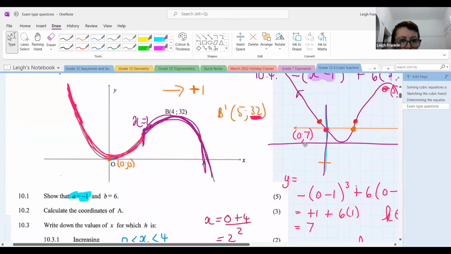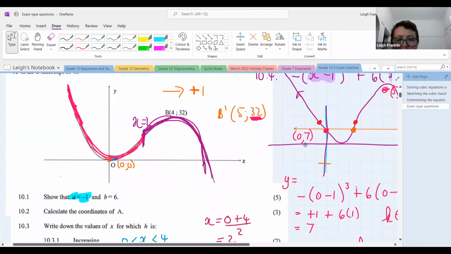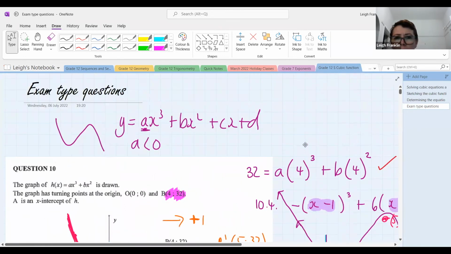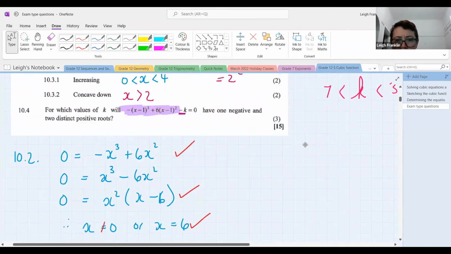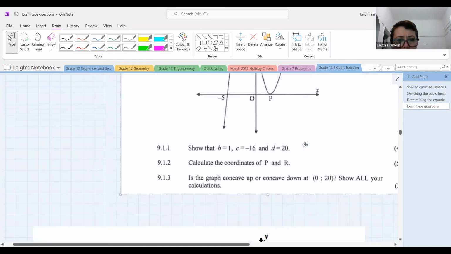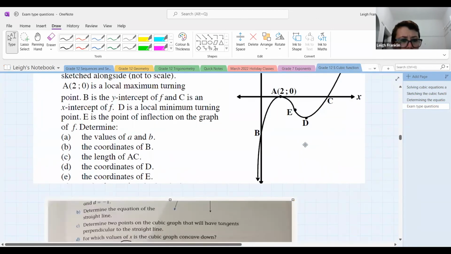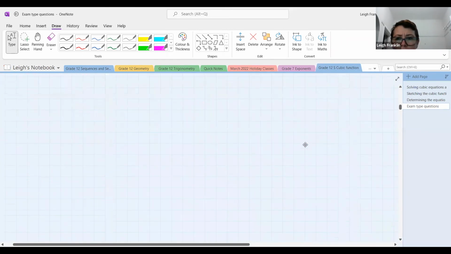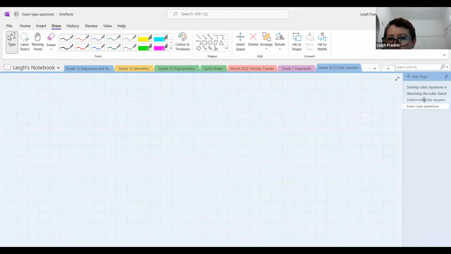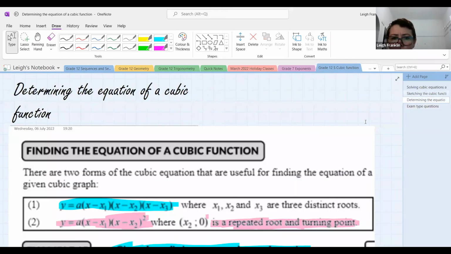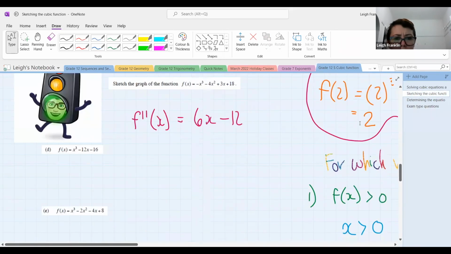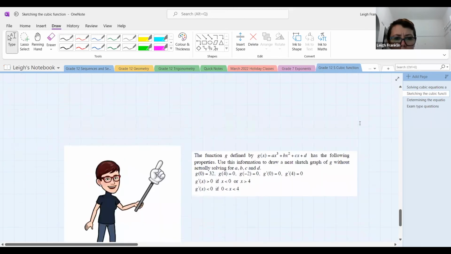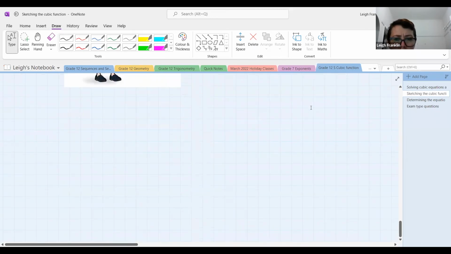Maya, is your question about coordinates in a cubic function or cubic equation? In a function, like the actual equation. Ma'am, can I show you an example that I have here?